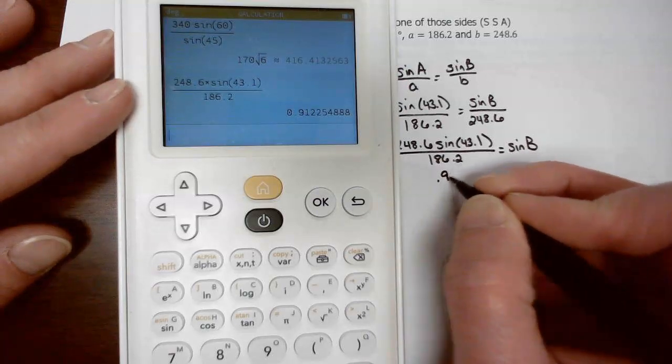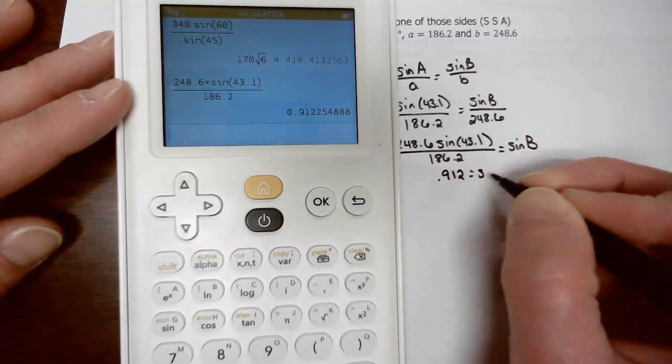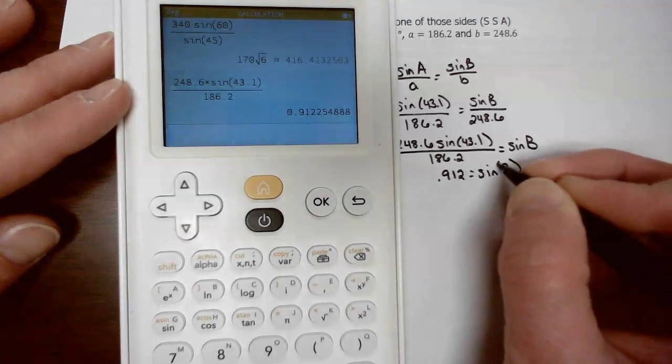That is just giving me the ratio. I need to find angle B.